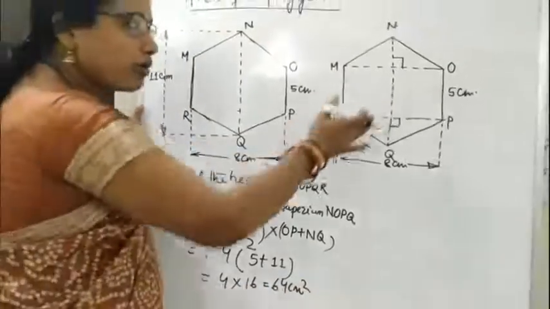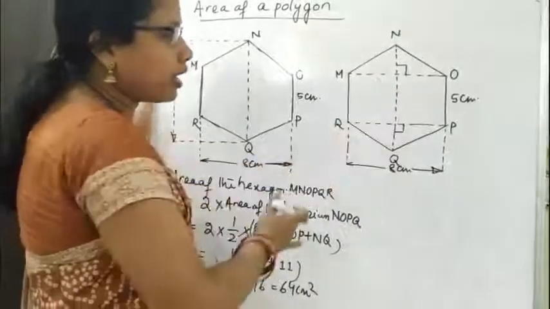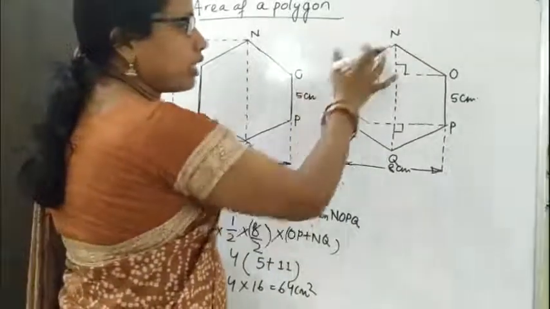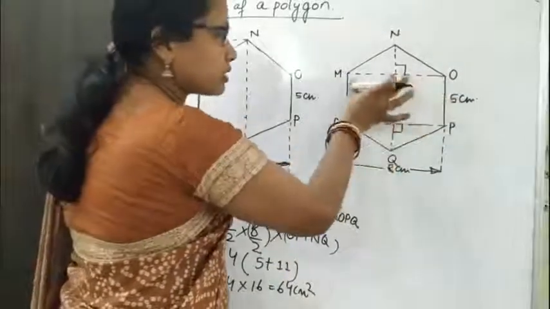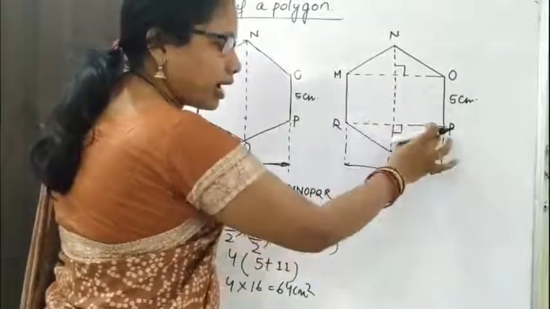In another way also, we can find the area of this hexagon MNOPQR by joining the two diagonals MO and RP.